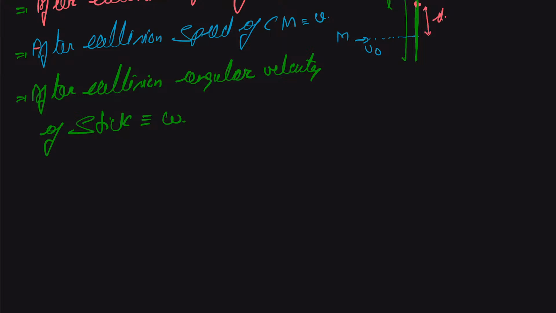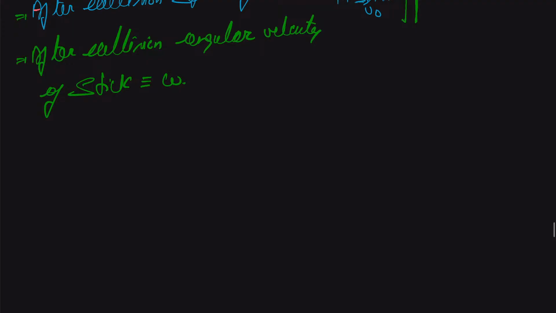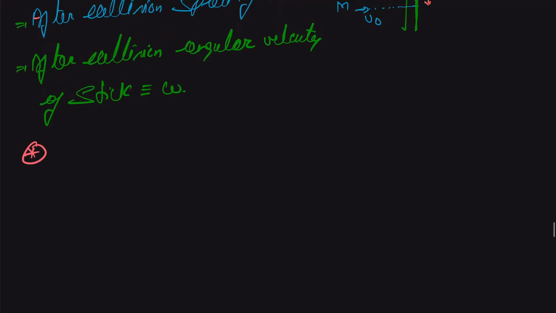So basically this question is based on conservation. The collision is also elastic, so the one additional conservation we can use is energy conservation, along with linear momentum and angular momentum conservation. So we are going to start with our conservation equations.